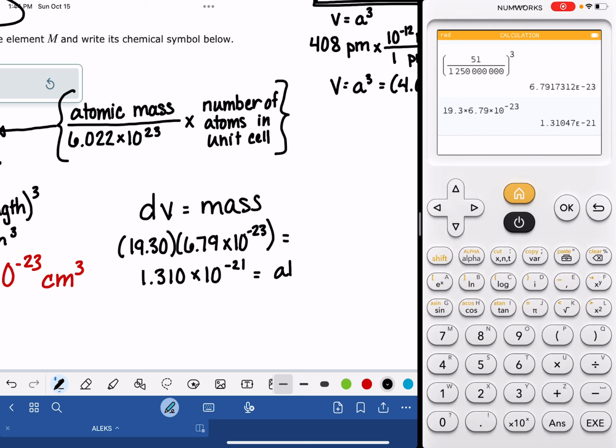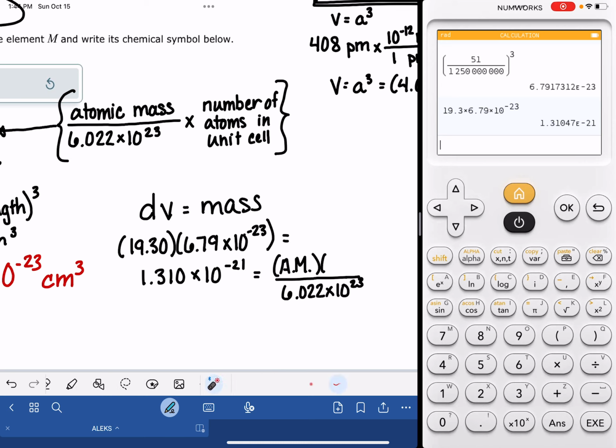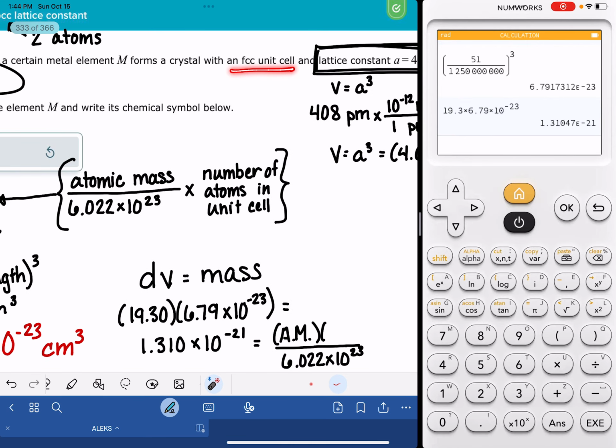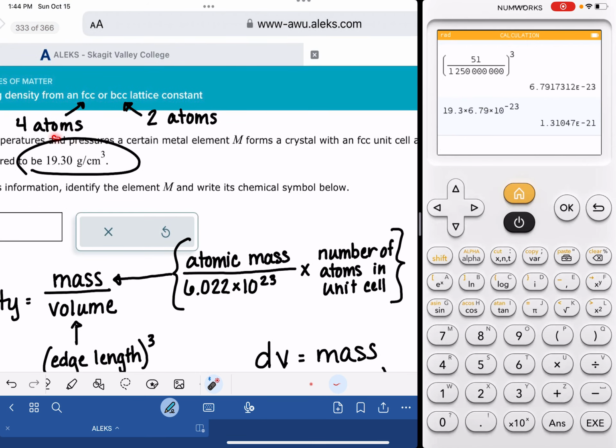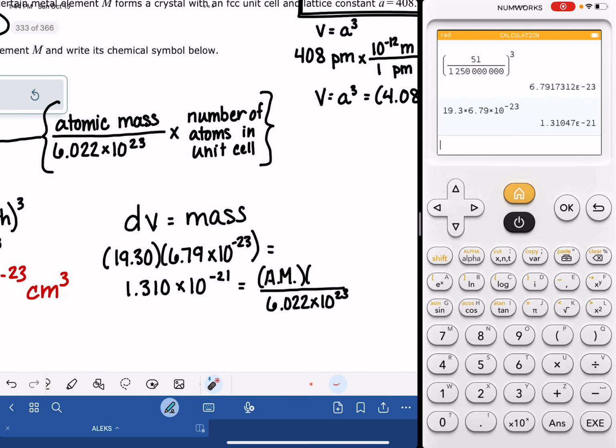So this is equal to the atomic mass, let's abbreviate that AM, divided by Avogadro's number, 6.022 times 10 to the 23rd, times the number of atoms in the unit cell. So ALEKS told me I have an FCC unit cell. FCC unit cells have a total of 4 atoms in them. So I've got 4, I'm going to put right here. This problem is a bit of a beast. And what I'm solving for now is the atomic mass.